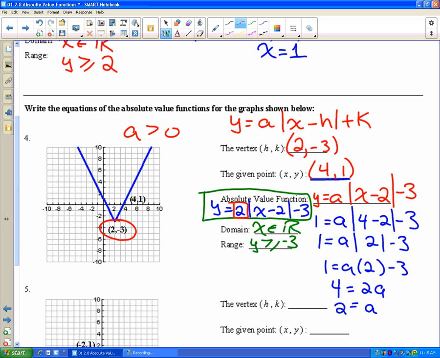Now, I said there was another way to find that a. If I start on my graph and I rise 1, 2, 3, 4, I'm going to run 1, 2. So I went up 4, right 2, which is 2. Now let's say my point was over here. I would rise up 1, 2, 3, 4, and run left 2.